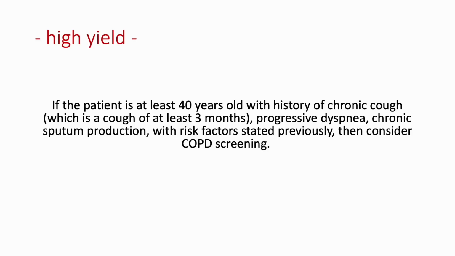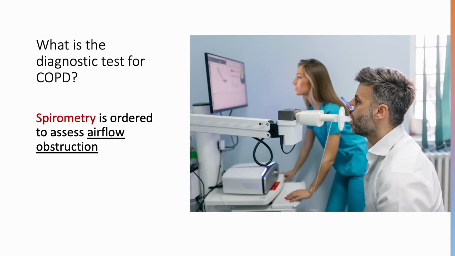If the patient is at least 40 years old with a history of chronic cough, which is a cough of at least 3 months, as well as progressive dyspnea and chronic sputum production with risk factors stated previously, then you should consider COPD screening. What is the diagnostic testing for COPD?